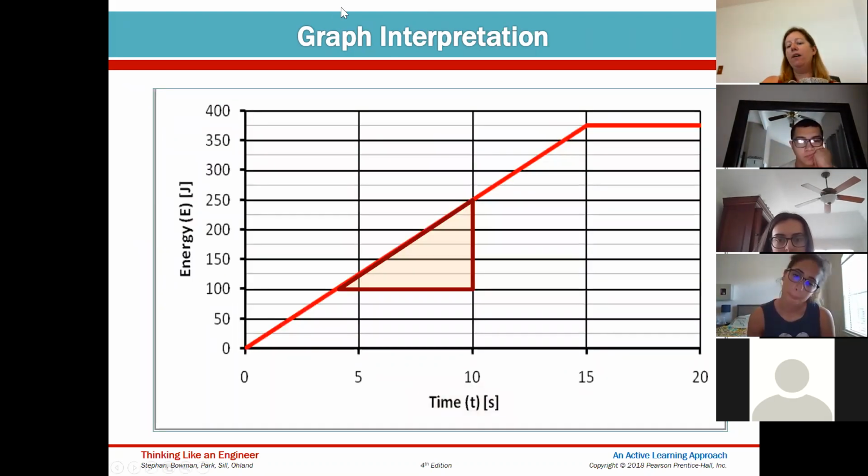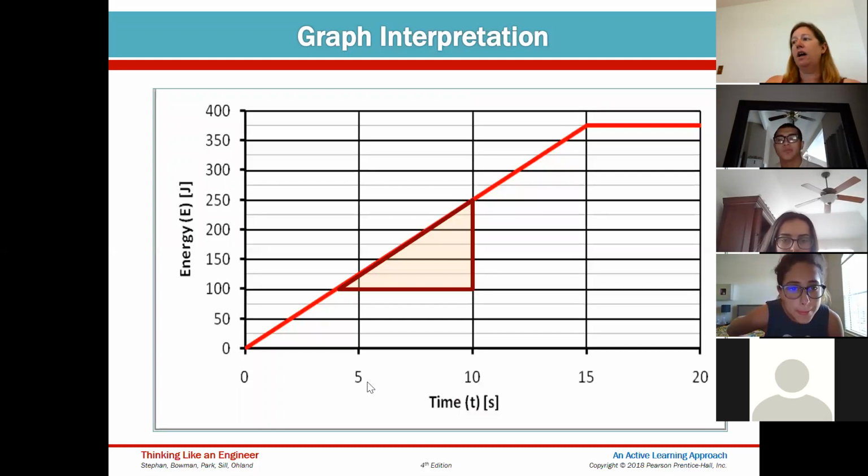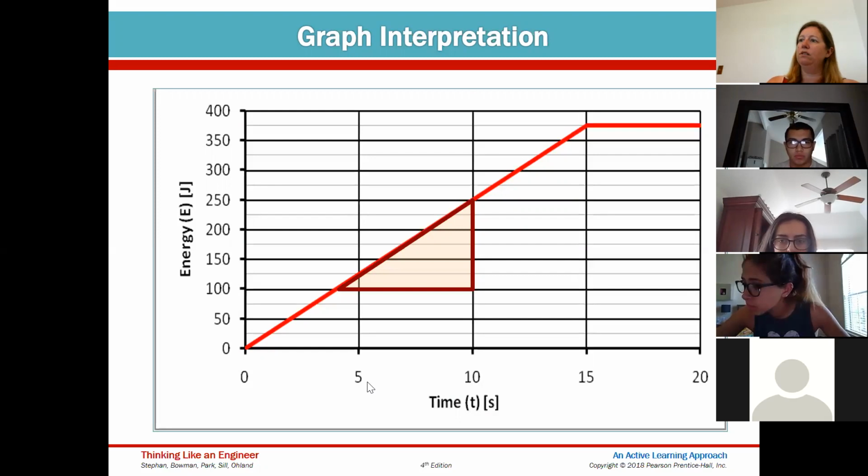And so if we have this second graph, now we've got a graph that includes a slope. We've got a linear line that goes from 0 to approximately 375 over a time of 15 seconds, and then it flatlines at 375. Now our ordinate axis is energy in joules.